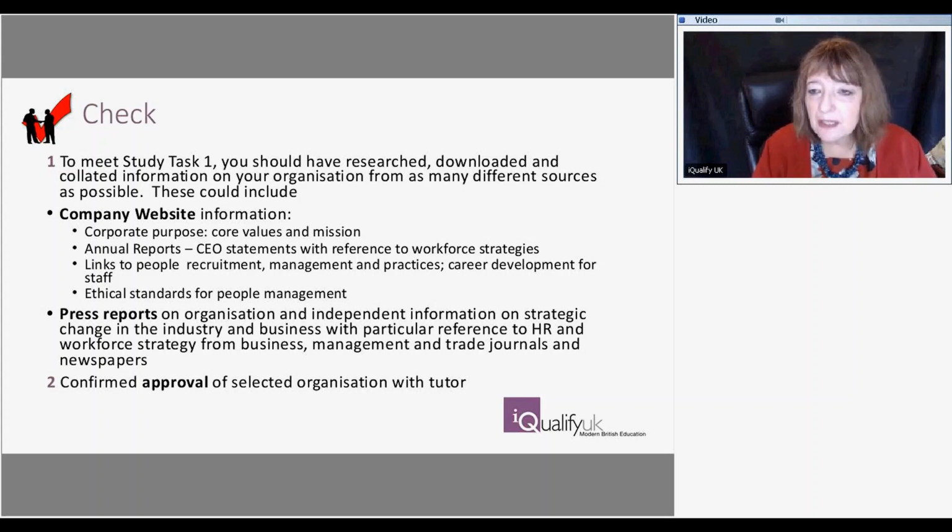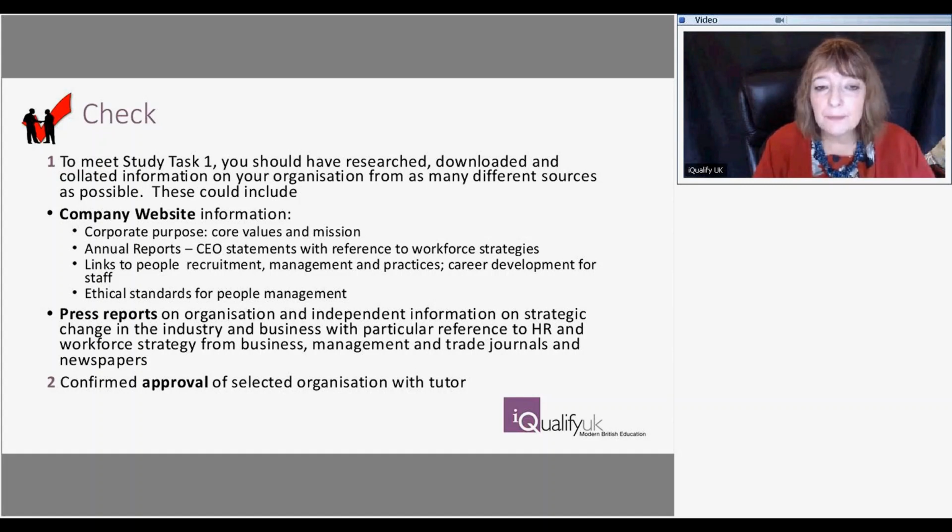I suggested that included company website information, including corporate purpose, core values and mission statement, and annual reports, so that's the chief executive statements with reference to workforce strategies, links to people, recruitment, management and practices, and the career development for staff, what sort of things they are advertising, and ethical standards for people management.